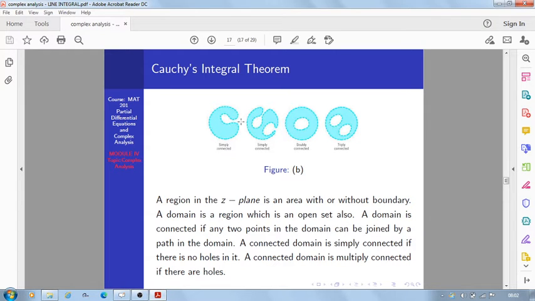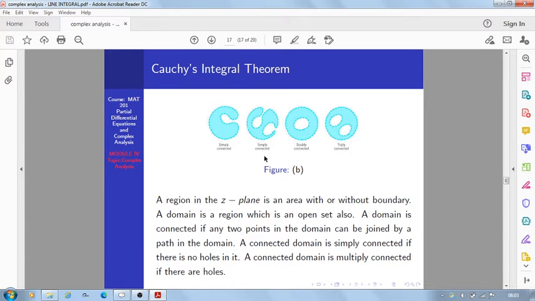So a region bounded by a simple closed curve, we say that it is simply connected. Here also the boundary is a simple closed curve. You can move like this, and this curve does not intersect itself. So we can say the boundary is a simple closed curve. It is a simply connected region.